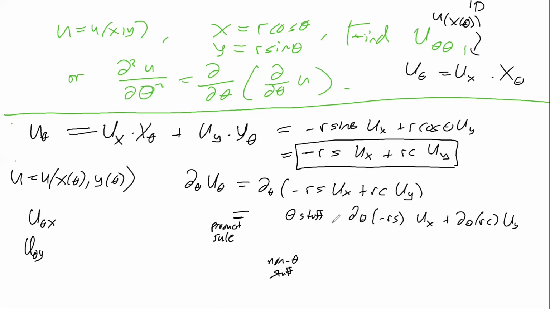And then finally, you have the non-theta stuff, which is minus rs theta derivative of ux, and then you have the rc times partial derivative in theta of uy. So we just have to unpack these four terms, and really that's what's going on with this problem.